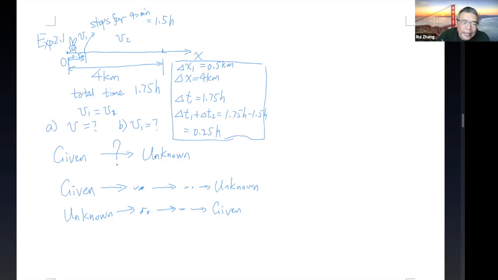But what do we need to connect these two in general? Certainly we need to know the physics behind the problem. That's the critical step. If you know the physics or exactly what formula to use, then you should be able to solve the problem. So how do you figure it out? It comes from the picture.